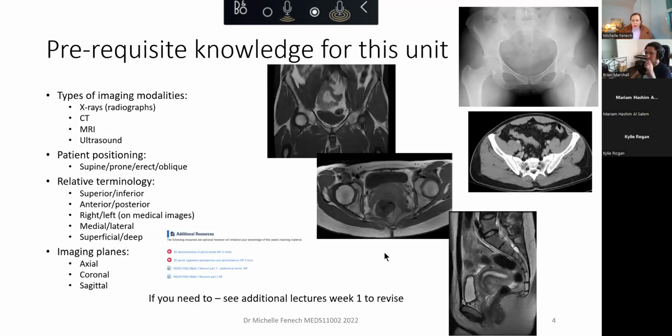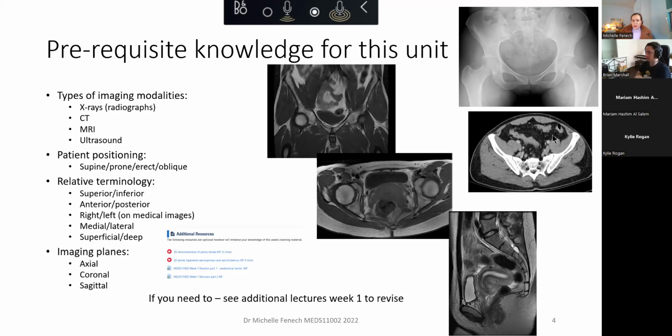What I'm hoping that you have coming into this unit is that you understand the different types of imaging modalities. We're going to look at images, x-rays, we call them radiographs or x-rays. So that's an anterior posterior radiograph of the pelvis. CT, computed tomography scans.